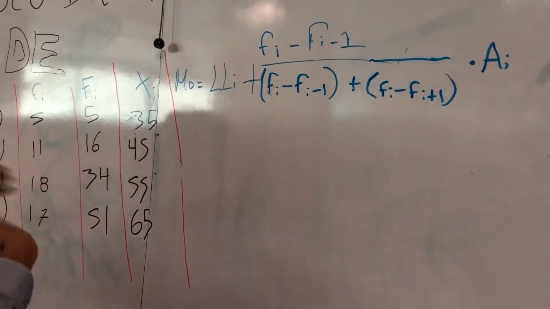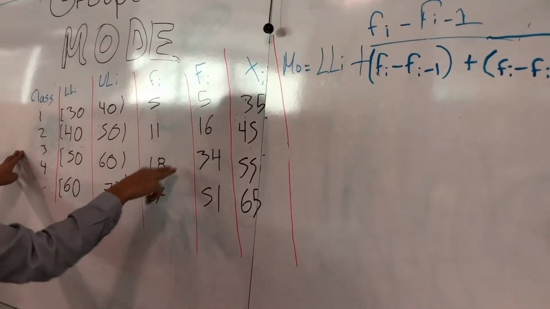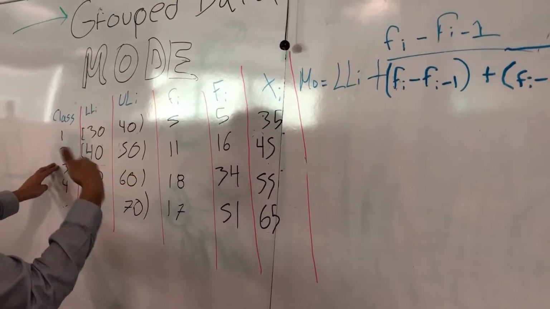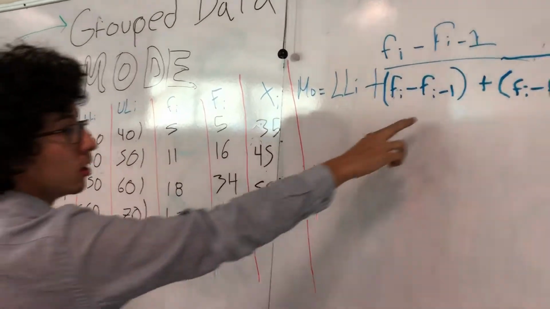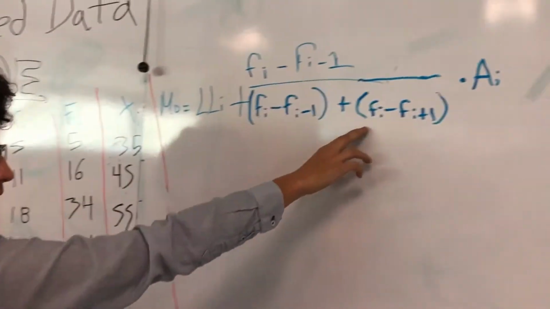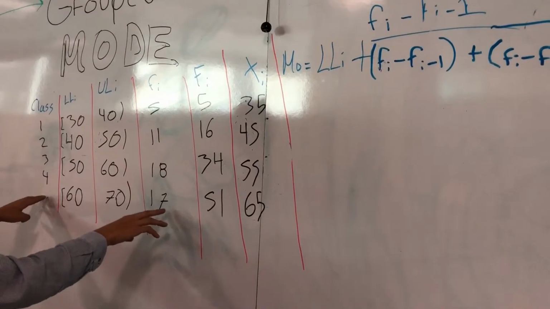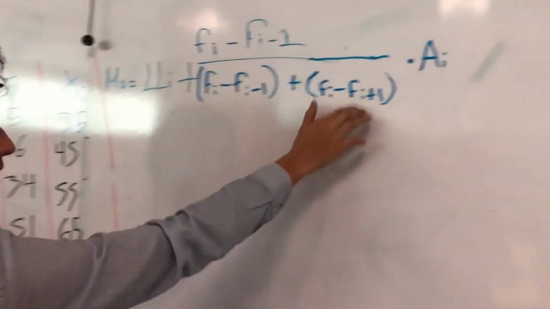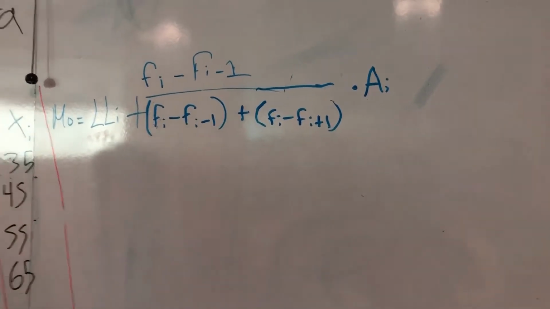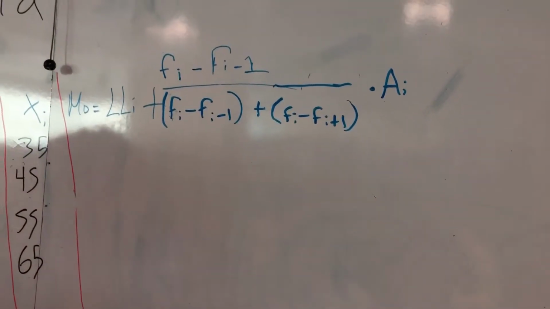Down, this is going to be divided by the frequency of the one that we select, that is 18, minus the before, that is 11 of class 2, plus the frequency that we select again, the 18 here, minus the one that is above. So we are going to take class 4, that is 17. We are going to put it right here and multiply by the amplitude or range that, as we can see here, is 10. And now we are going to do the substitution.